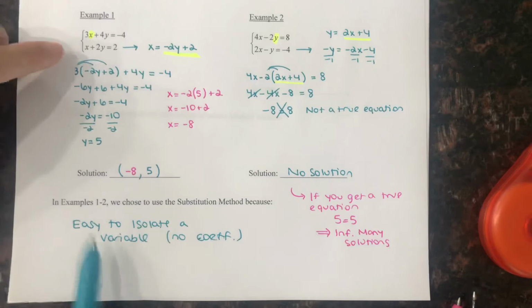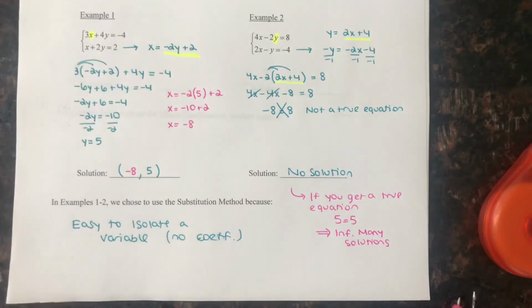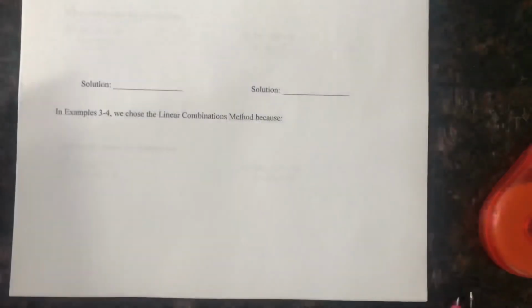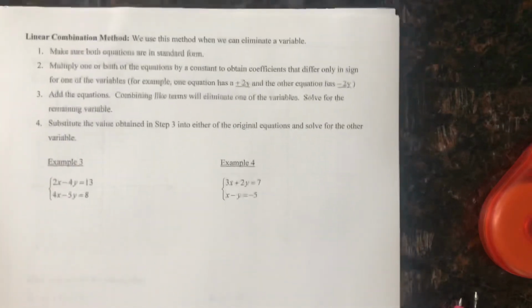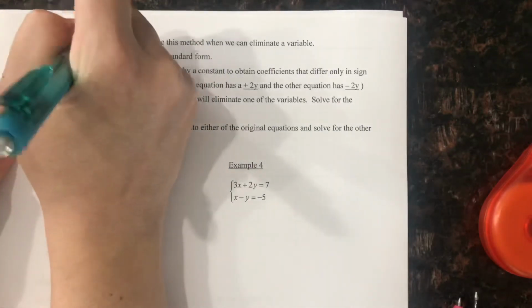If for some reason all 4 of these variables had coefficients in front of them, sometimes it's difficult to use substitution. So we would need a second method in order to solve. And that second method is called linear combinations. Now, the other name for this is elimination.